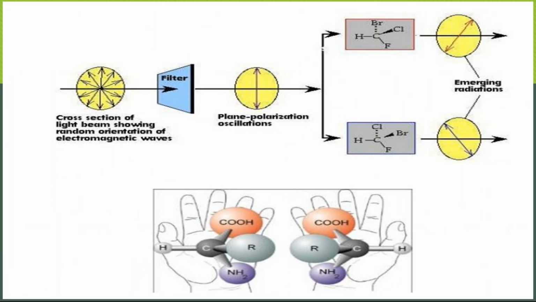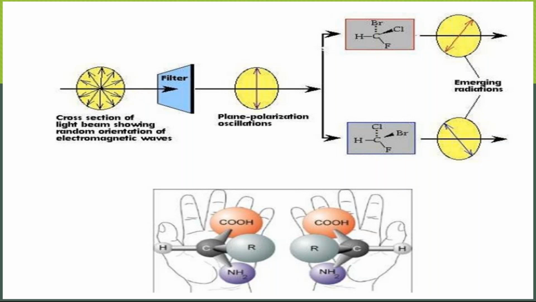You can see when you have two different optical isomers, from the light source you get ordinary light, with light in all directions. The light beam shows random orientation of electromagnetic waves, in all directions. Then after passing through the filter, there is plane polarization; it is going to oscillate in one direction.